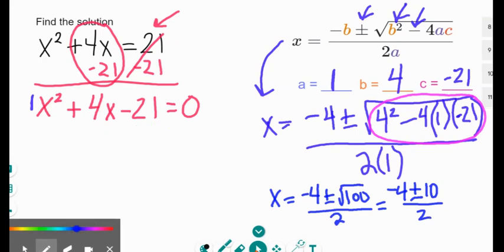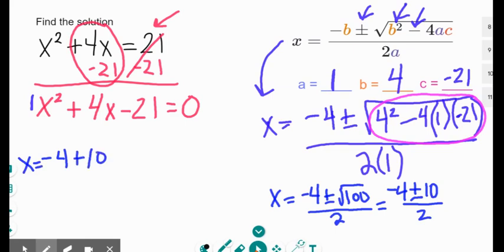So now I have two answers. I have x equals negative 4 plus 10 over 2, and I have x equals negative 4 minus 10 over 2, because that's what this plus and minus means. Okay? So now I'm going to separate them so I can see what the answers are.